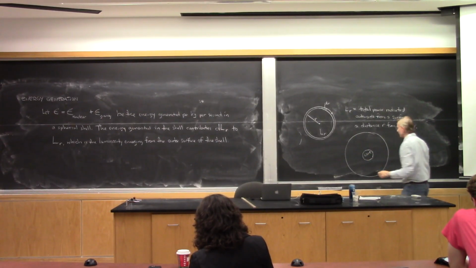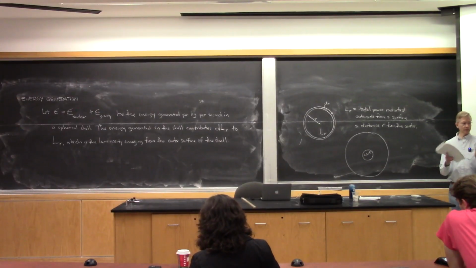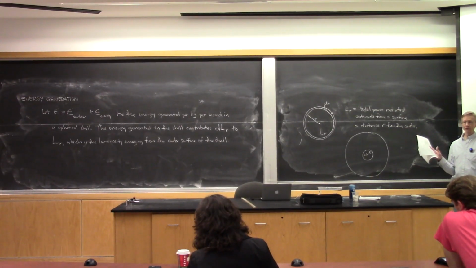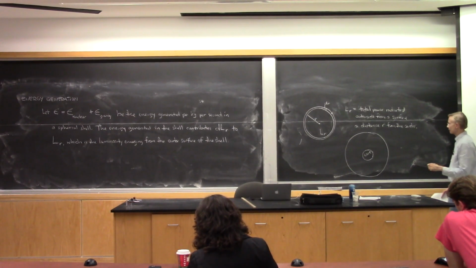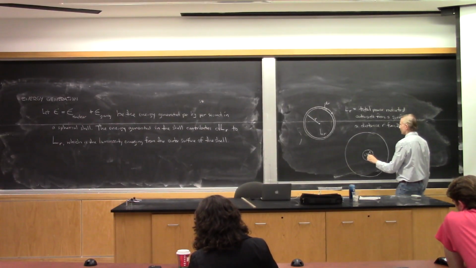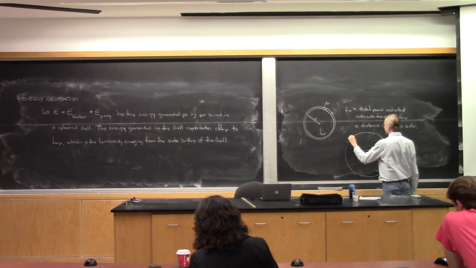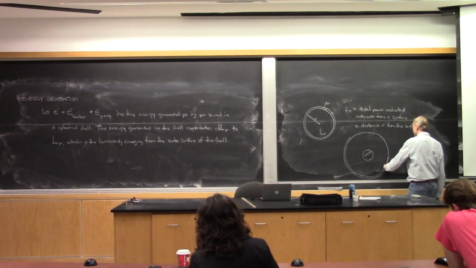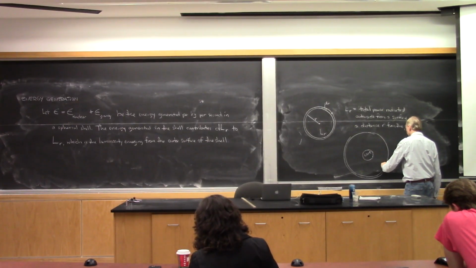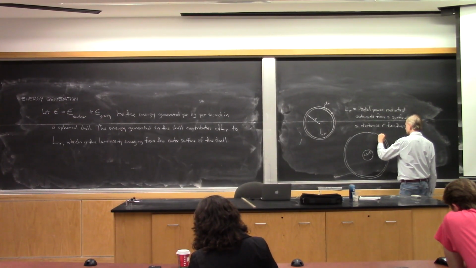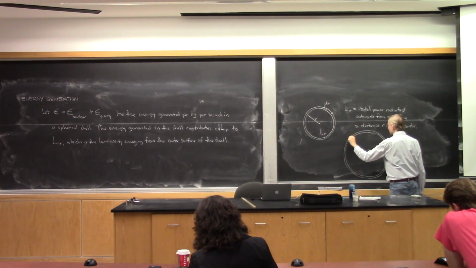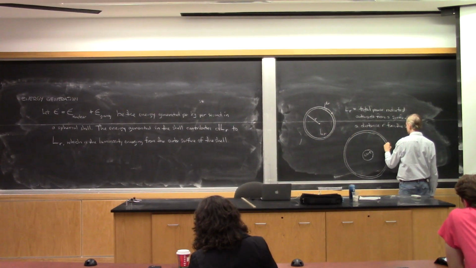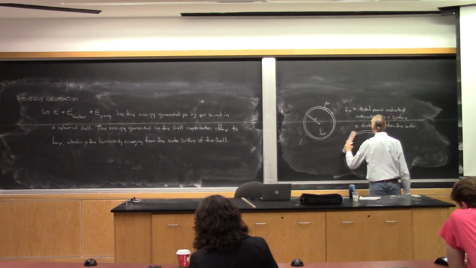Now we know in the sun, the energy is generated in the core. There's thermonuclear energy being generated in the core. And so if I'm outside the core, I could talk about, here is, well, actually, this doesn't even have to be a thin shell.